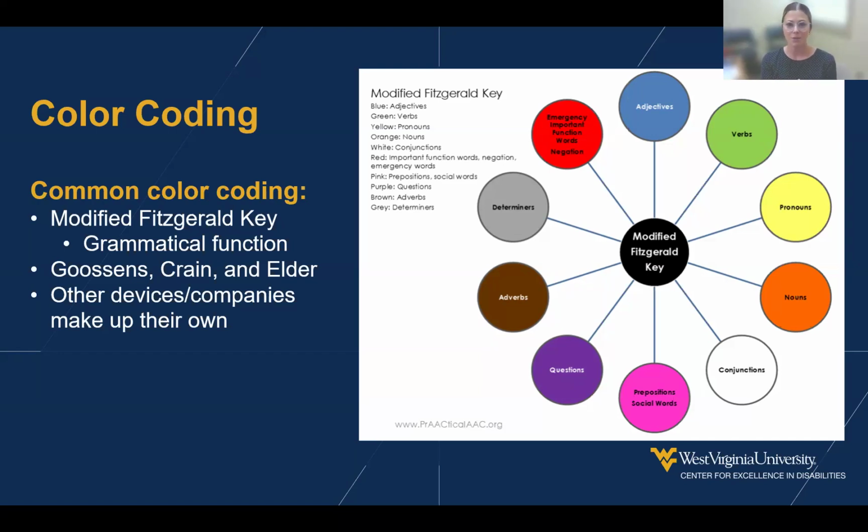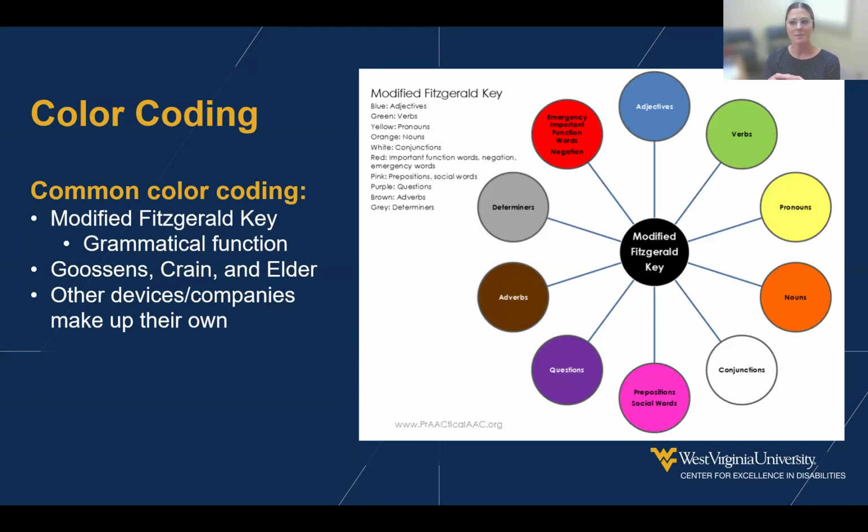That would be really confusing if we added a symbol for, let's say, run, because you have a kid who loves to run, but you make it orange because his favorite color is orange. We're very well meaning. He loves the color orange and he loves to run, so let's make it orange. But now that's a noun. Okay, and so that doesn't match, and so it might be confusing for your user. So it is very important to think about.